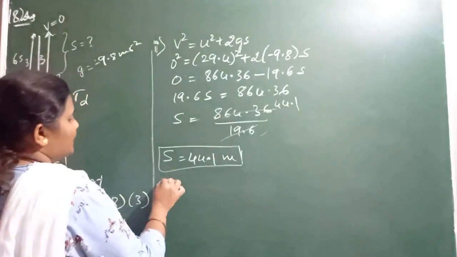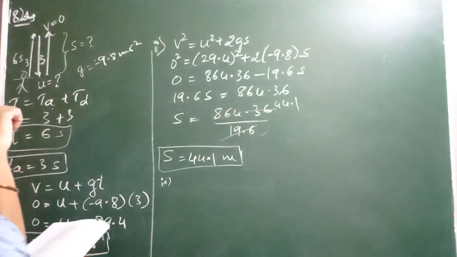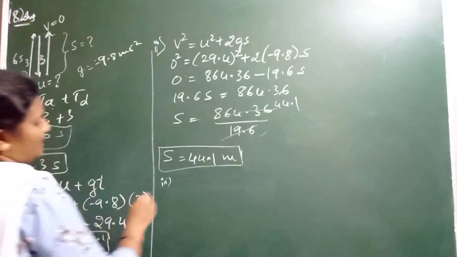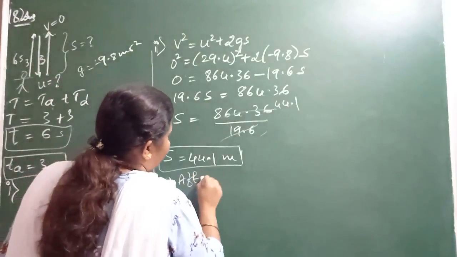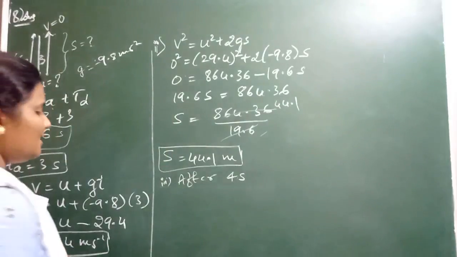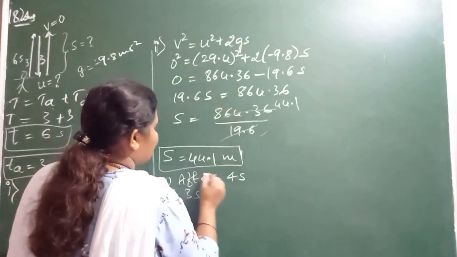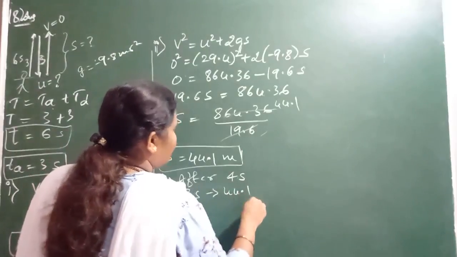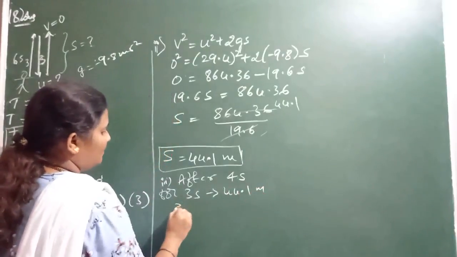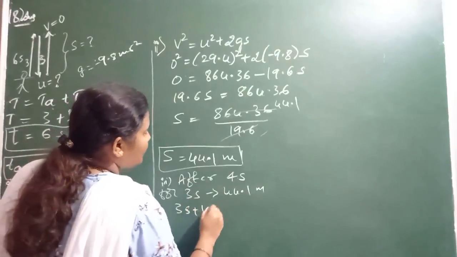Children, now we will solve the third part, that is its position after 4 seconds. So children, for 3 seconds it is covering 44.1 meter. Then 4 seconds means 3 seconds plus 1 second, you can write.